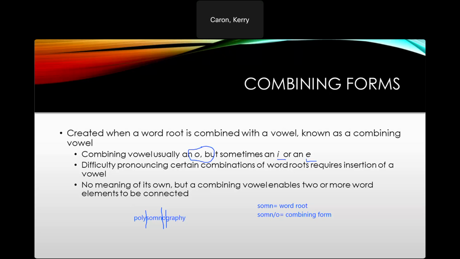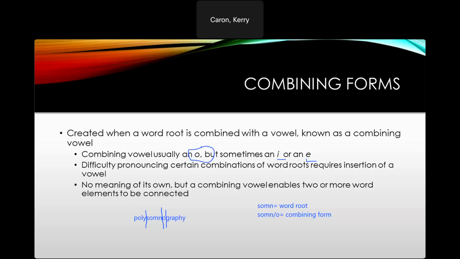But I like to use the example of a sandwich. If you've got a sandwich and you've got two pieces of bread, your prefix and your suffix on either end, and you have some kind of meat in the middle or vegetables in the middle, the combining vowel is your condiments. It's your mustard, it's your mayo, it's your ketchup. So it really has no meaning of its own. It doesn't do anything except blend the sounds together.